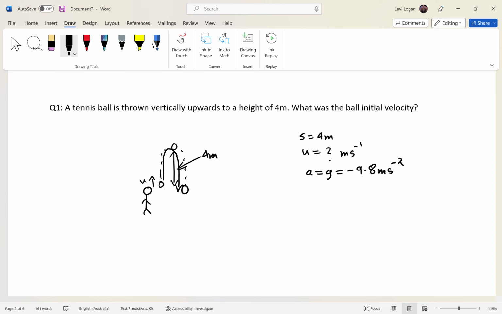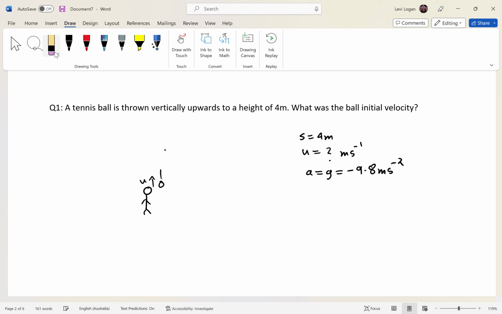When an object is thrown upwards, it comes back down. But when it's up here, it's at rest for a brief moment. So I'm just going to rub out some of this stuff so I can draw a bit more.